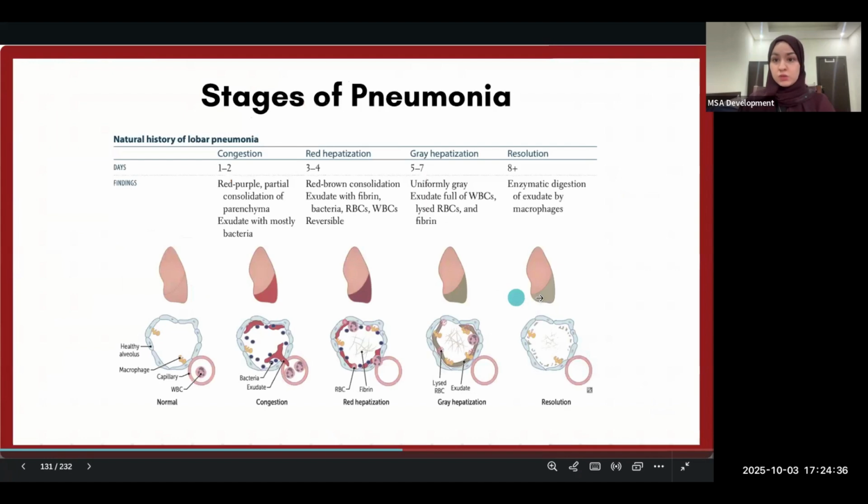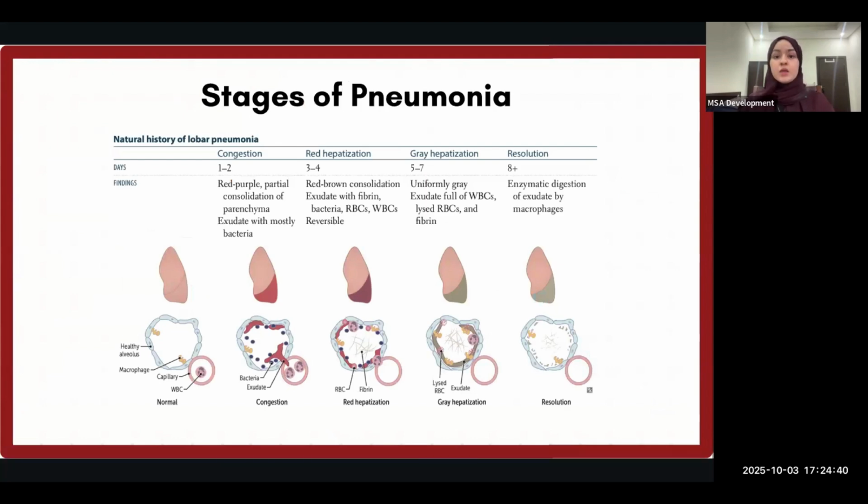All right, so next we have stages of pneumonia, or pneumonia in general. The stages are very important to know, the days exactly, what happens in them, how they look, all of that. So in the first 2 days, you have congestion. This is all caused by the initial bacterial infection causing a lot of exudate release.